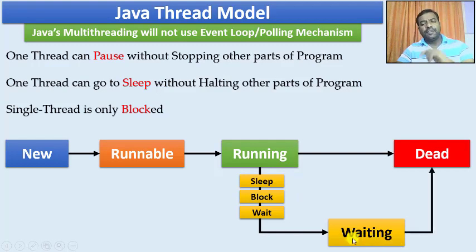And from the waiting state also, without entering the CPU, again I can kill the thread. If it is waiting or sleeping for long enough time, I can kill it. Hence, a thread can move to a dead or destroyed state from the waiting state also.